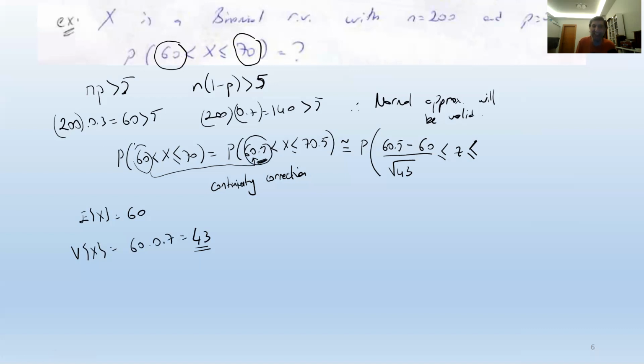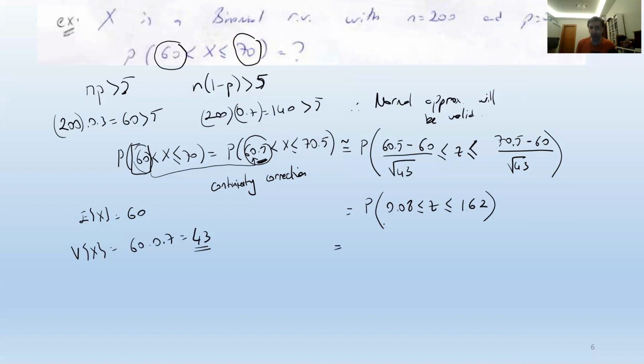What is important is excluding 60. And this is going to be 70.5 minus 60 divided by 42. And this result is going to be, I'm going to copy here, so please do the calculations. That's smaller than.